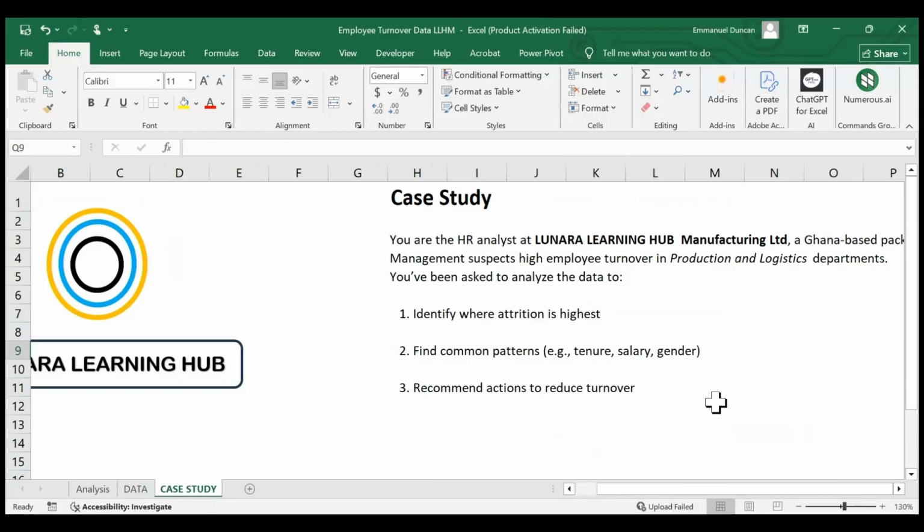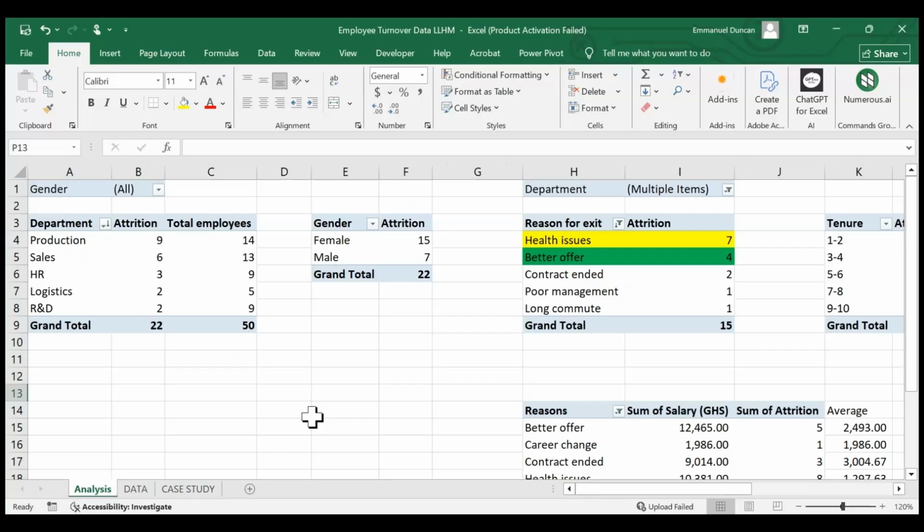With the second question, the common pattern among tenure, salary, and gender. So we realize that the female employees are the people leaving most. Majority of the people that are leaving are females compared to males.